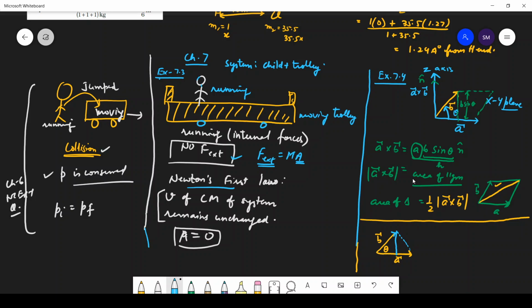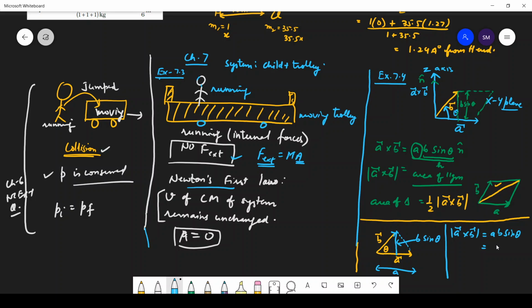This height is the same, B sine theta. Now what is the magnitude of A cross B? We have written it over here, AB sine theta. That's the magnitude only. And A is the base, this length, and this is the height.